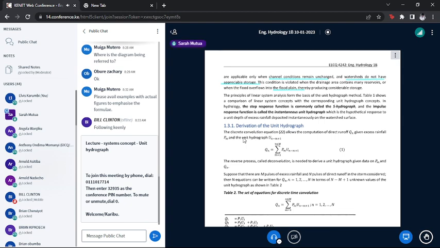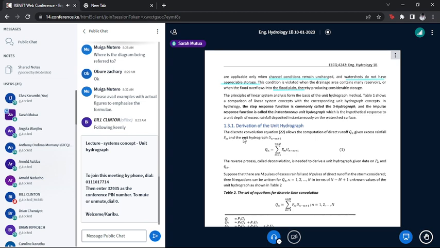So how do we derive the unit hydrograph? By applying the convolution equation.